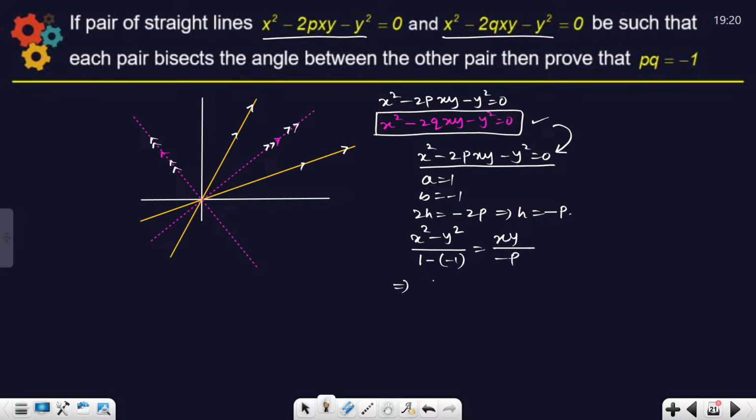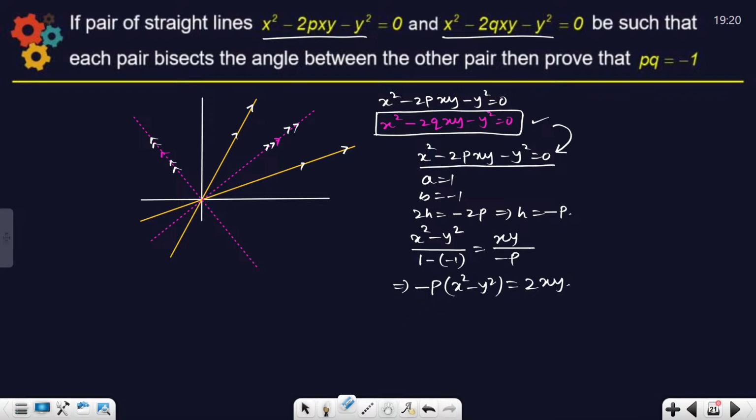So we have minus p times (x square minus y square) equals 2xy.